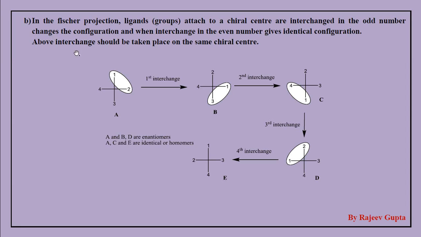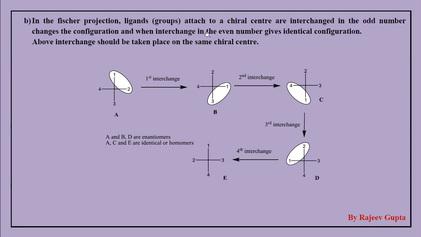The main point is that the interchange we make on a chiral center should take place on the same chiral center. We know that a chiral center is a tetrahedral carbon where all four groups are different.